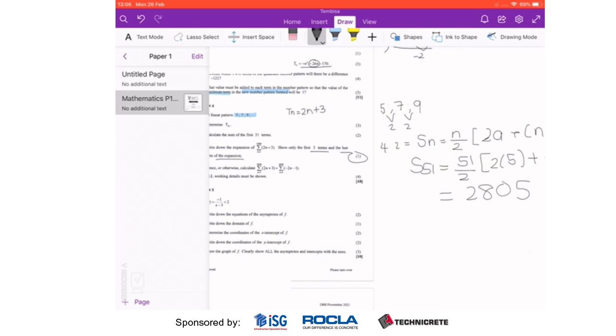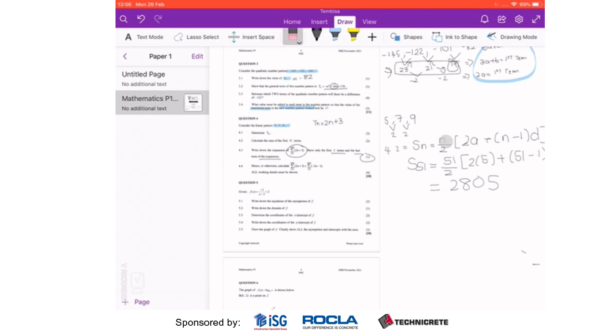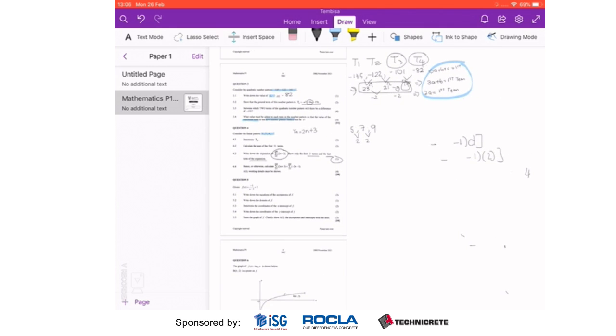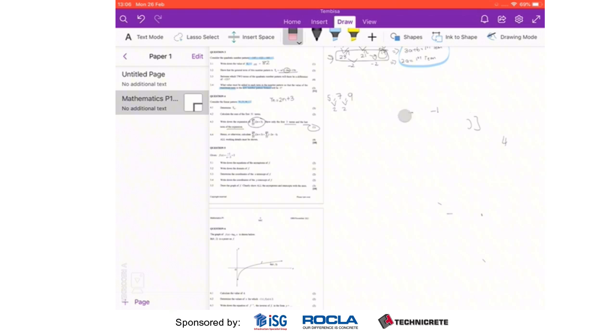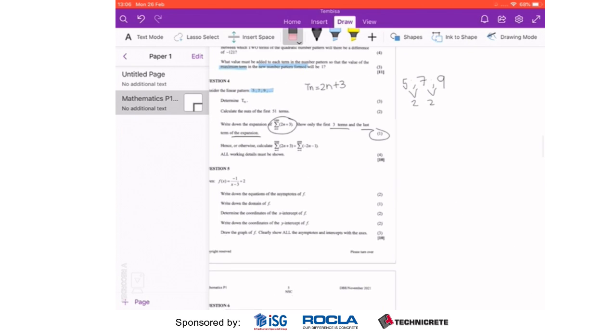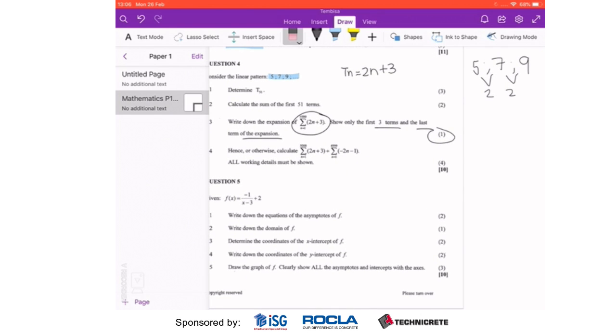So let's write it out, and I'm going to show it in close conjunction so that we can see both.